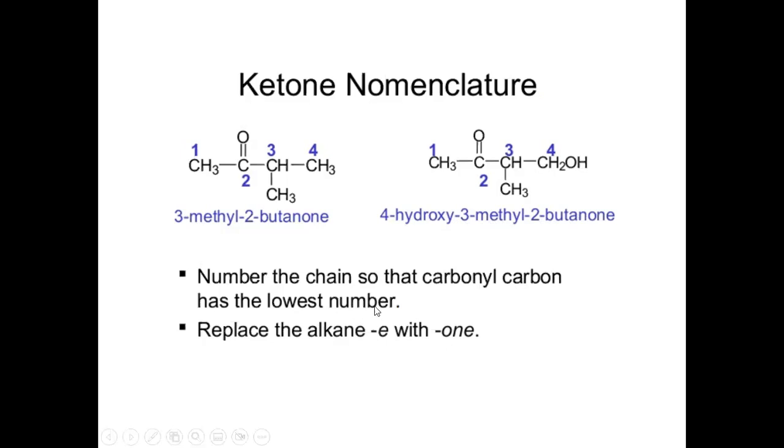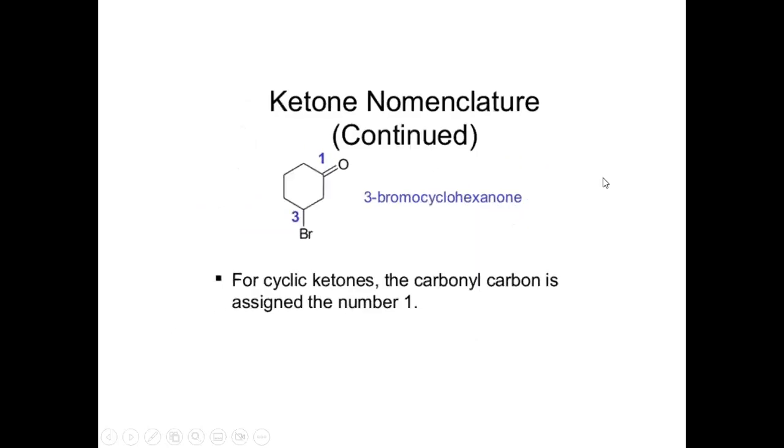Then we replace the alkane ending, instead of E, change it into O-N-E. Ketone nomenclature continued. For cyclic ketone, the carbonyl carbon is assigned the number 1. So it becomes 3-bromocyclohexanone.